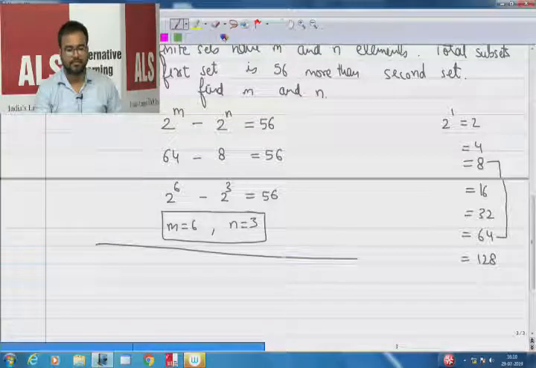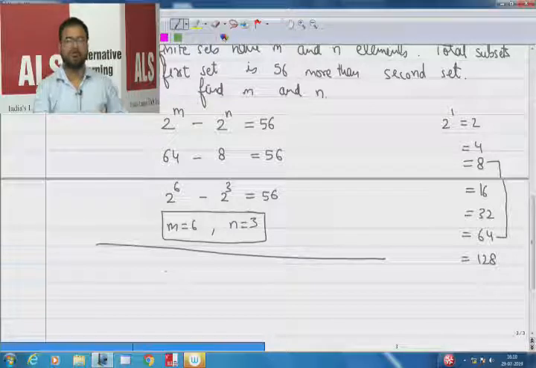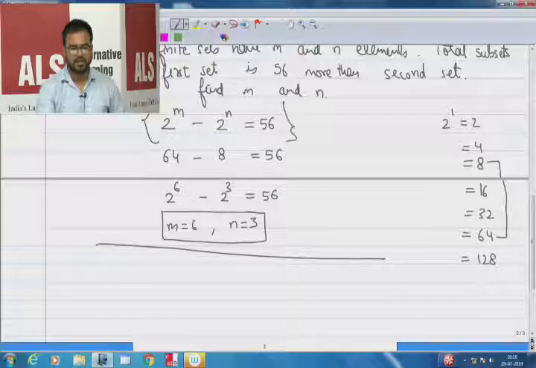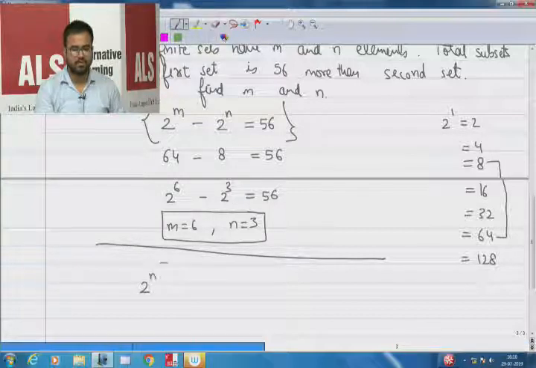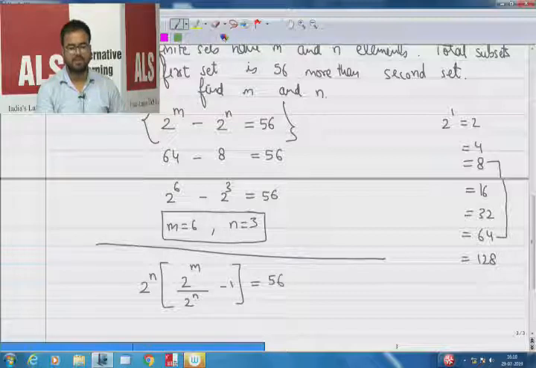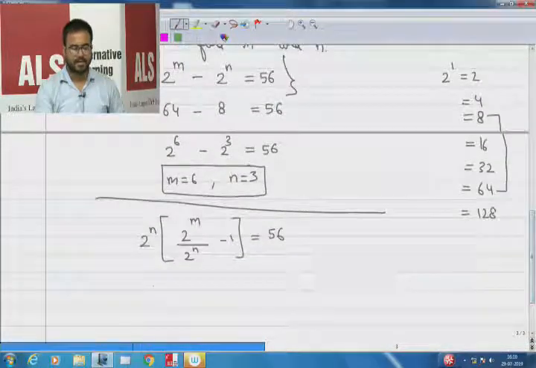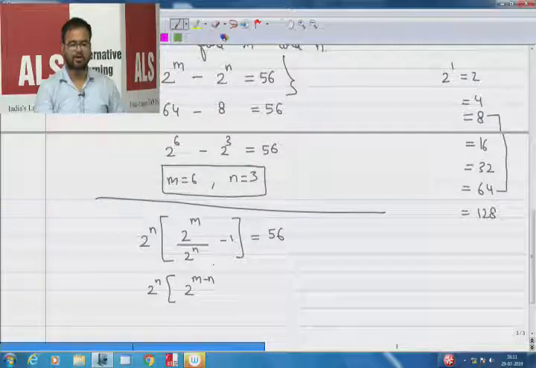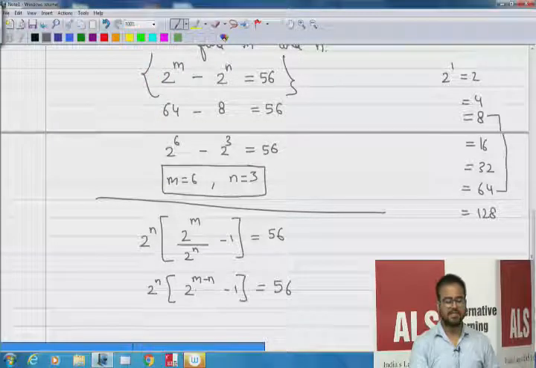Another method is also hit and trial, but from the original equation, if you take 2 power n as common, it will be 2 power n times (2 power m divided by 2 power n, minus 1), that is equal to 56, and according to the law of exponents, this is 2 power n times (2 power (m minus n) minus 1). Now this is the product of two numbers, one is 2 power n, the second one is this number.